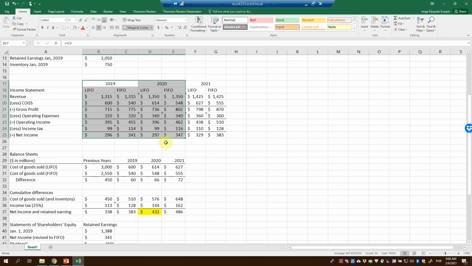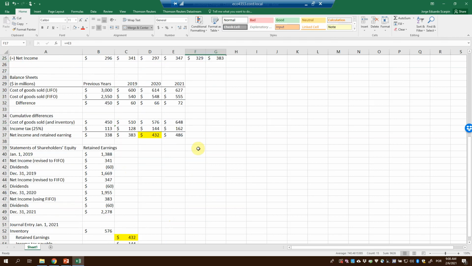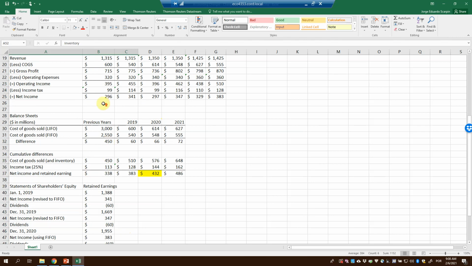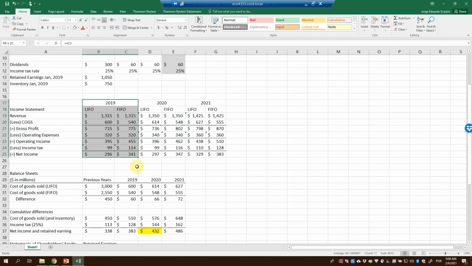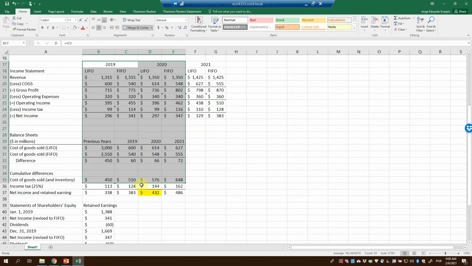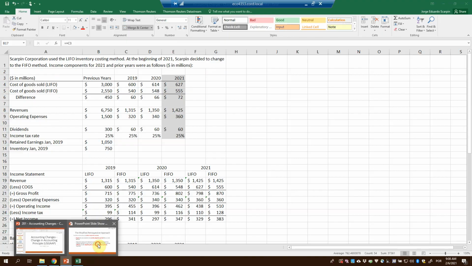So we don't need that huge note. We only start on 2021 and we do our journal entry here at the beginning of the changing year. So here, beginning of 2021. So we don't need to do all of this job here, presenting the new income statement, effects on balance sheet for previous years and so on. We only do the journal entry and we are good to go.